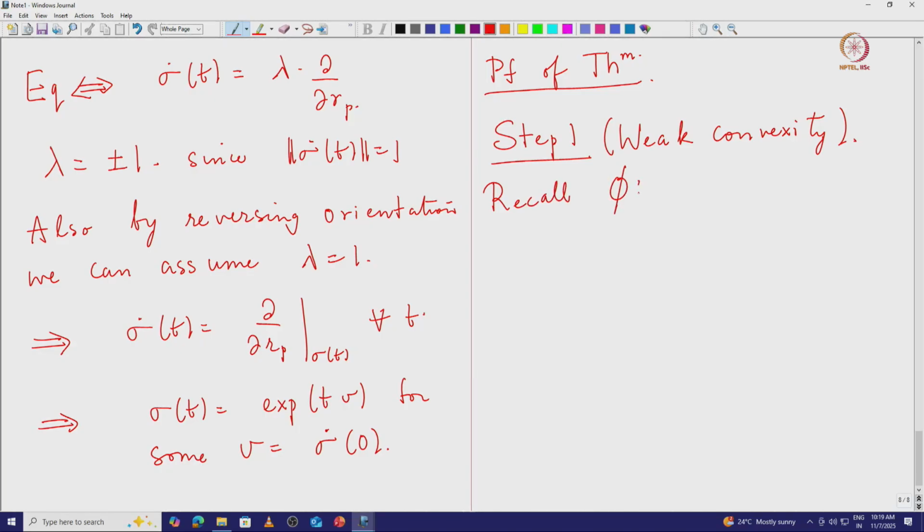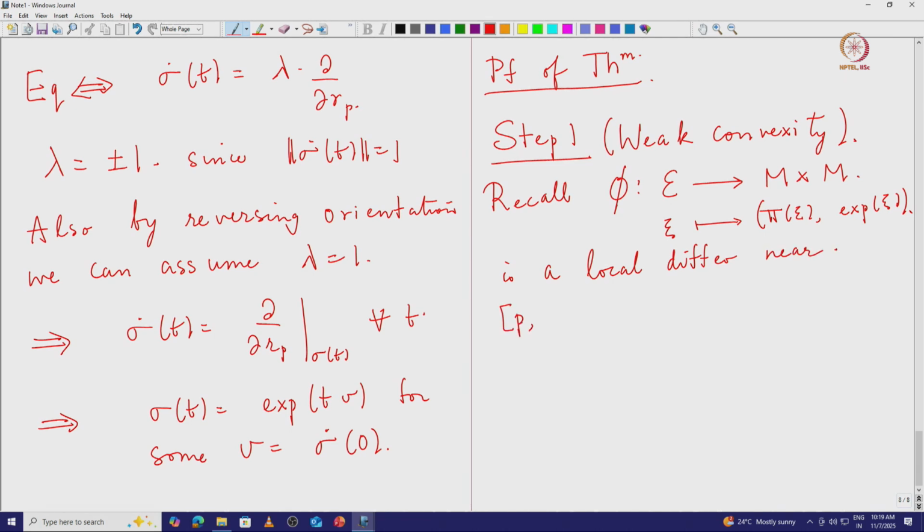So recall that we had this map phi from the domain of the exponential map to M cross M, where a vector xi basically goes to pi of xi comma exponential of xi. Okay. So this is a local diffeomorphism near any point in the domain of the exponential map of this type, right.